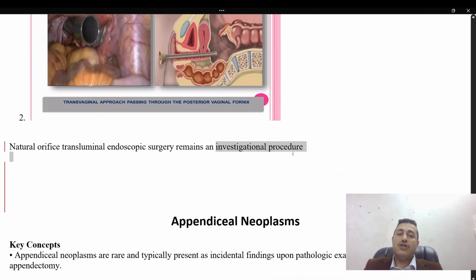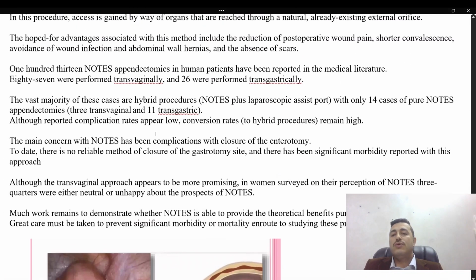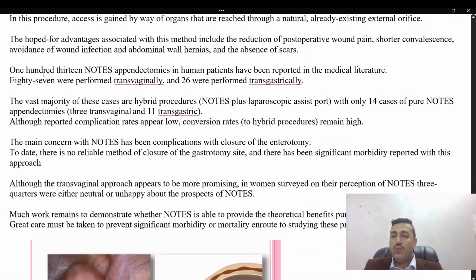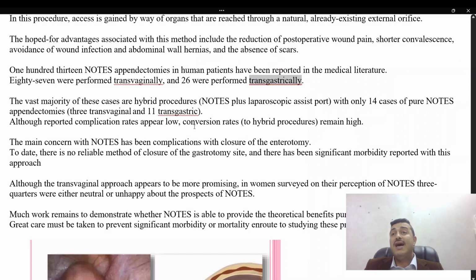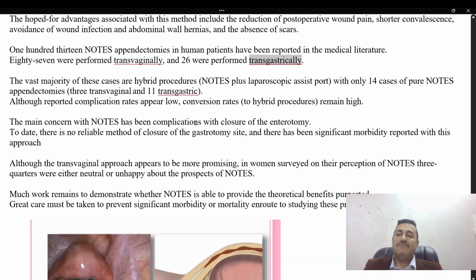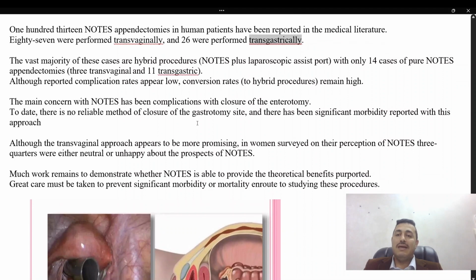It is an investigational procedure. In the world, about 113 surgeries have been done. Most of them were transvaginal, and 26 cases were transgastric. Actually, you will have an enterotomy. You will penetrate the stomach, so there will be an incision finally. So I don't see that it's extremely beneficial clinically.